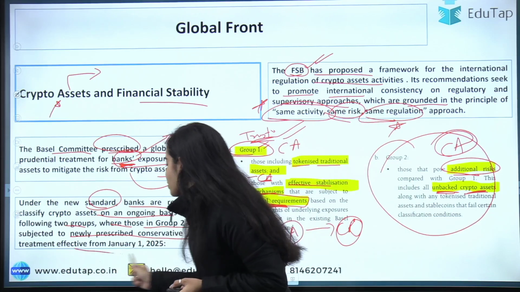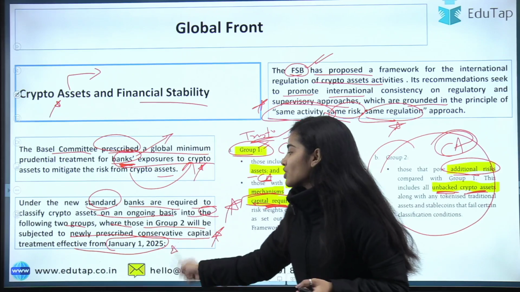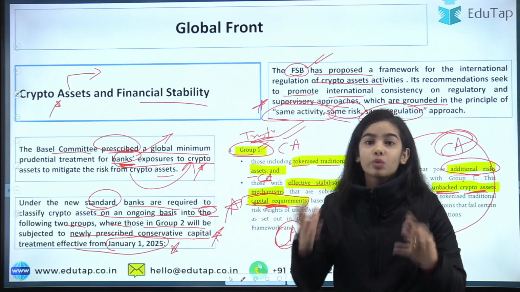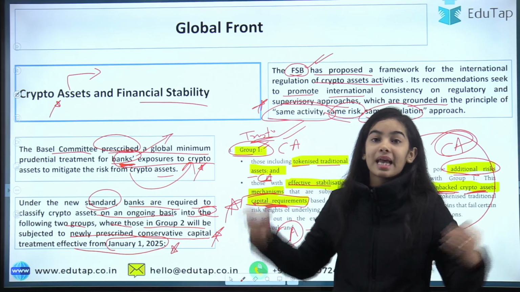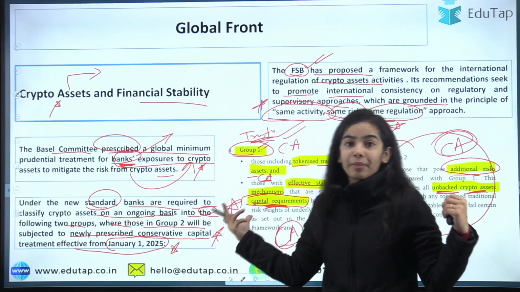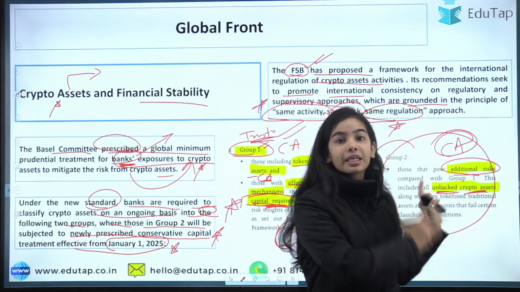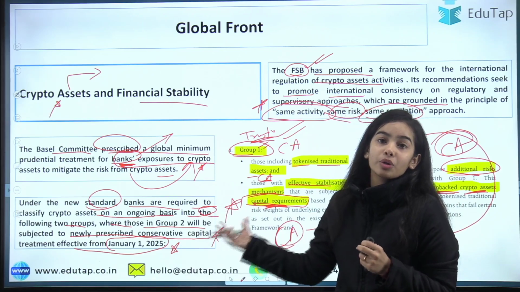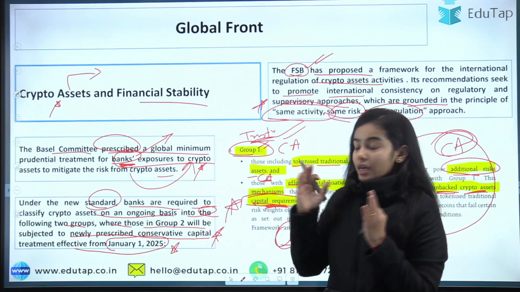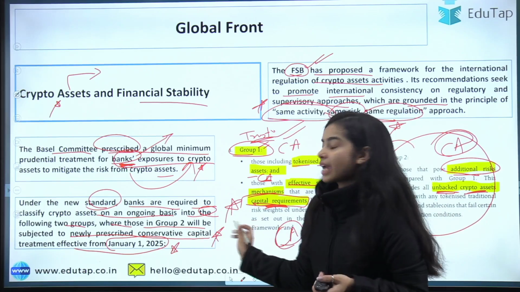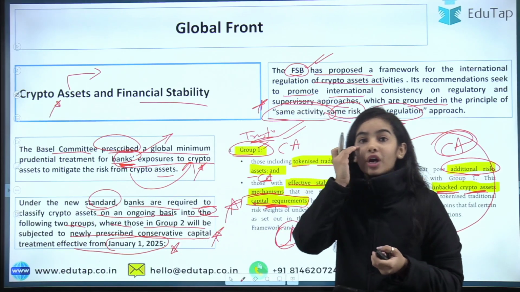So effective from January 1, 2025, all over the world, if the banks are keeping crypto assets, they have to define whether it is coming in group 1 or group 2. If it is in group 2, then according to the Basel Committee, they will have to follow this conservative capital treatment. Okay, so I hope you have understood this idea.